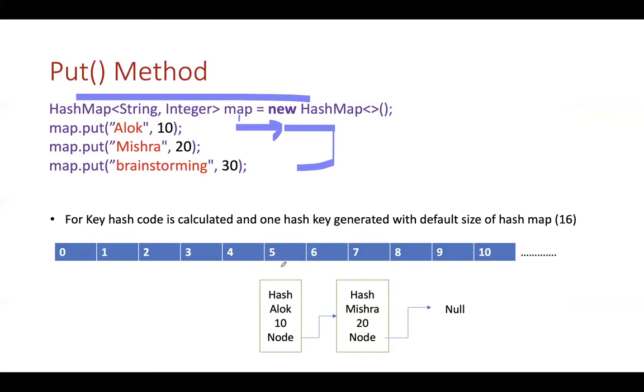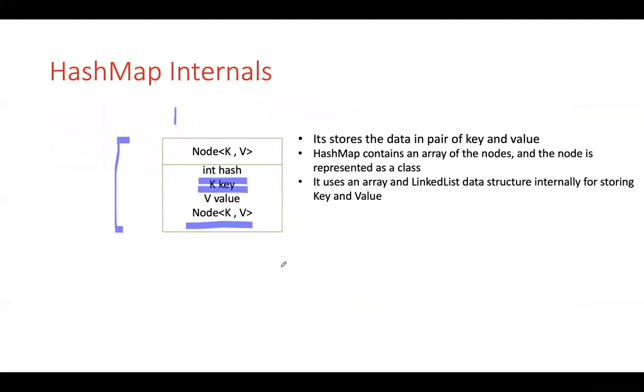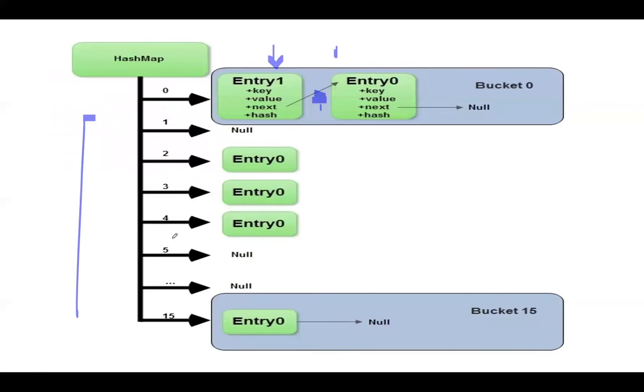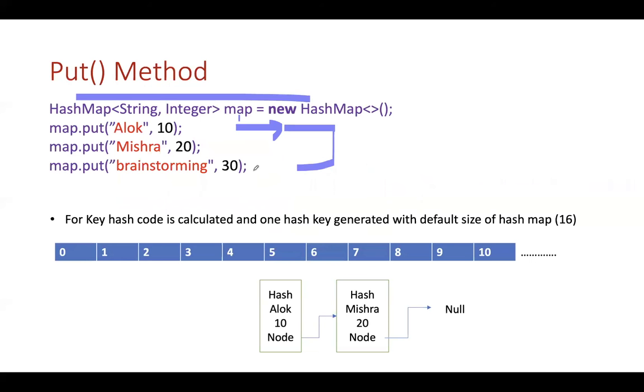So at the 5th index in the bucket, 0, 1, 2, 3, 4, 5th, this Alok node is stored. Now for the Mishra key, let's see, the hashCode is the same, so the index will be generated as 5. So at the 5th index, there is already one node that exists. So the problem of collision comes.